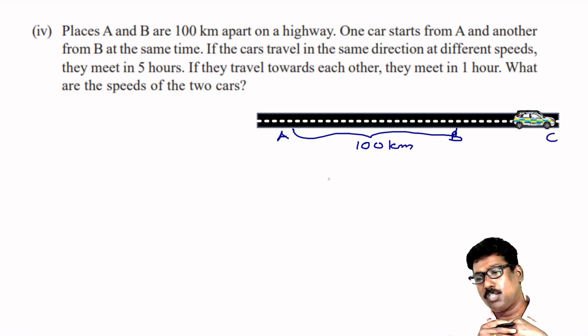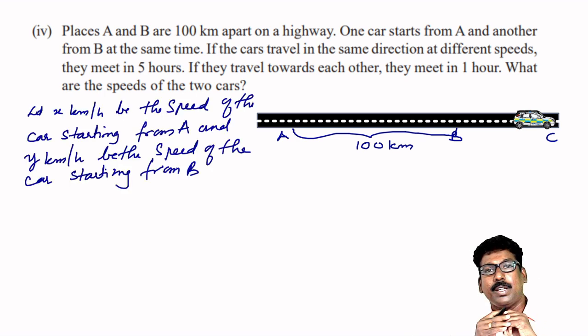Let x kilometer per hour be the speed of the car starting from A and y kilometer per hour be the speed of the car starting from B. Now what is the distance AC?